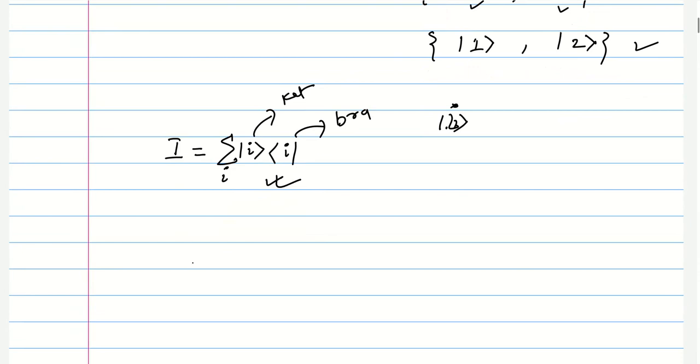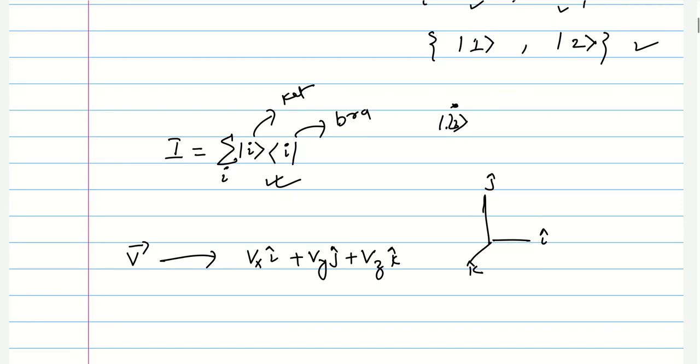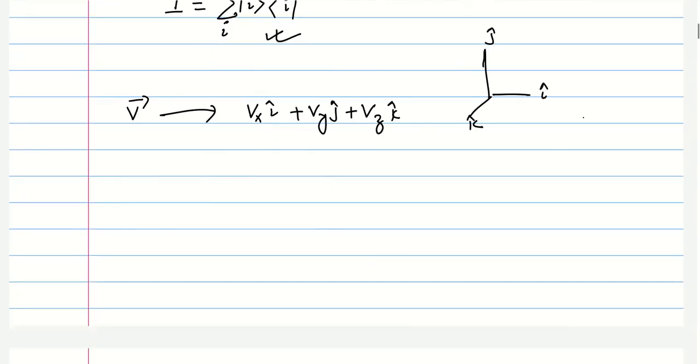Let's understand this. In your Euclidean space, any vector v is there. You can represent it in any basis. Suppose you represent it in the i, j and k basis. Then you are going to have vx component i cap, vy component j cap, vz component k cap, right? Now you change the coordinate system, and call it i prime, j prime and k prime.